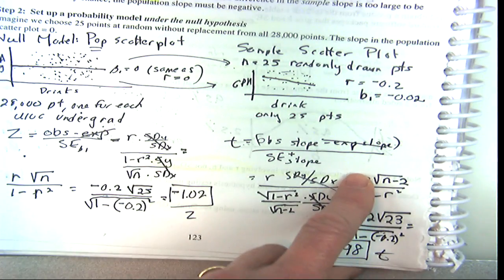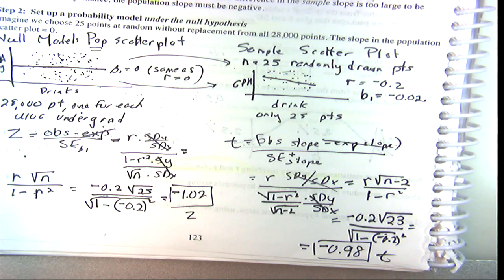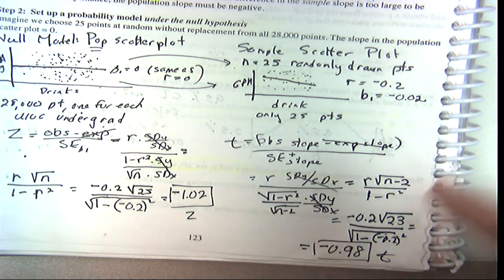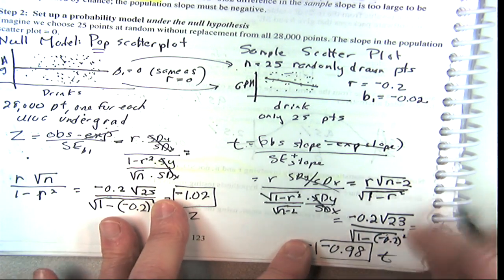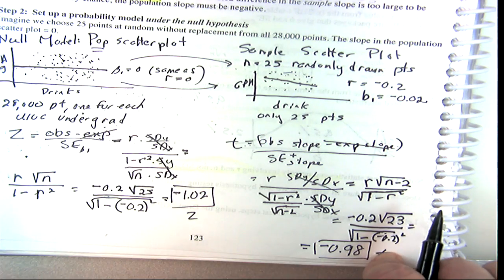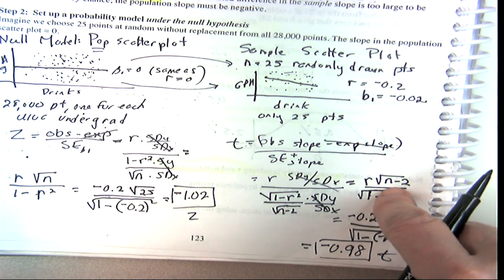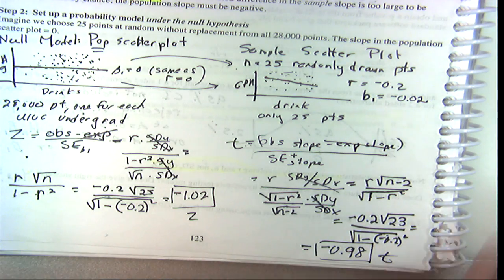Because look, if you square this statistic, you get r squared over 1 minus r squared. This should have a square root here, sorry. It does down here, sorry. So if you square that, you'll get r squared over 1 minus r squared times n minus 2. All right, so now let's do that.